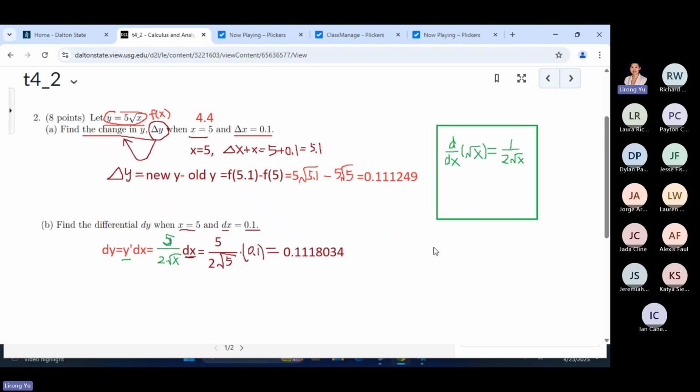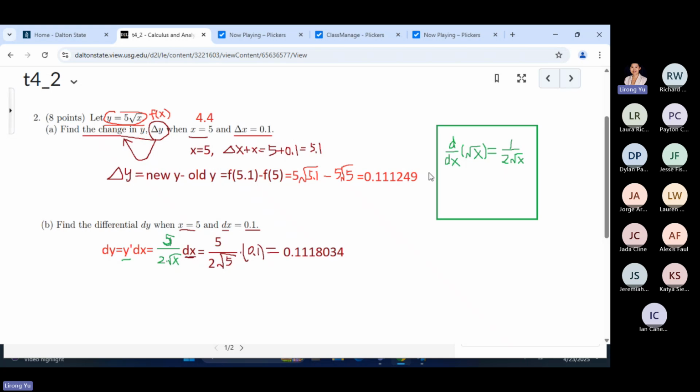Because we have a root, we need to know the derivative of the root of x. Here on the side is the formula. When you apply the formula, you know the derivative of 5 root of x is going to be 5 times 1 over 2 root of x. When you calculate dy, you're going to need the derivative.